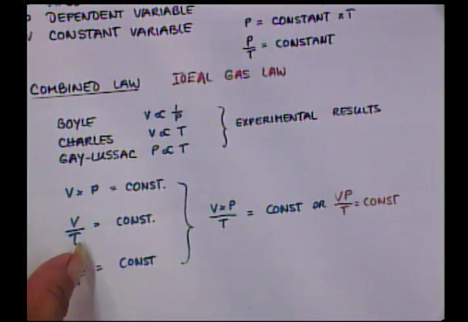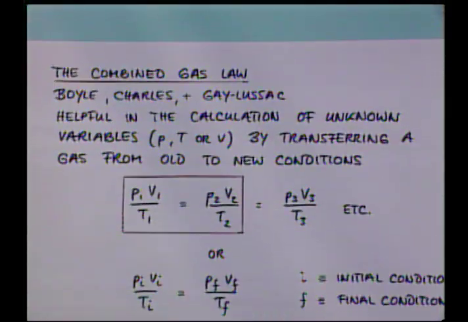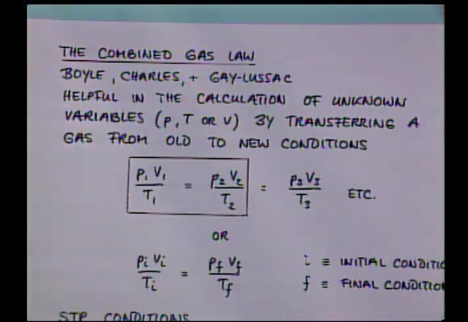And in the next view graph, we will wrap things up. And you see here PV over T equals constant. So we can also say P1, V1 over T1 will have the same value as all these three variables under a different set of conditions.